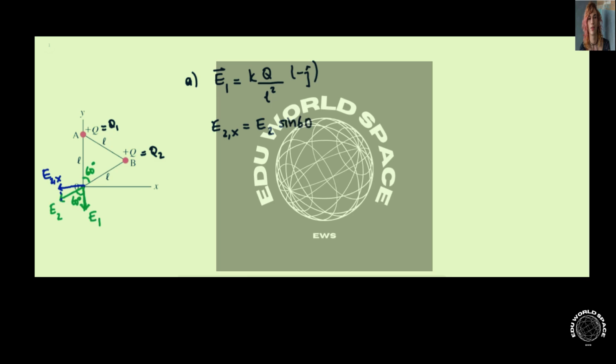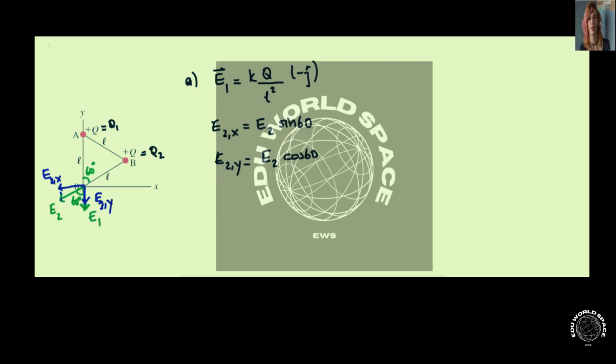And if we do the same for the Y component, we're going to see that it's pointing down just like E1, but a little shorter than that. So E2y is going to be E2 times cosine 60, right?